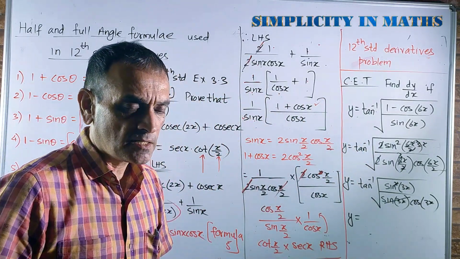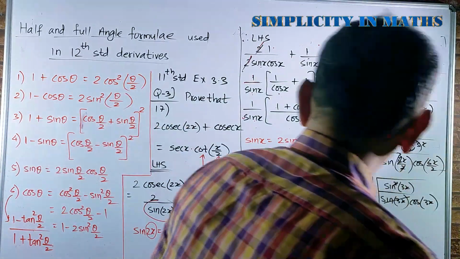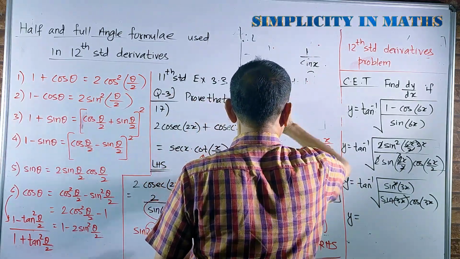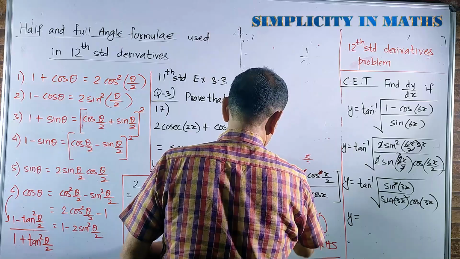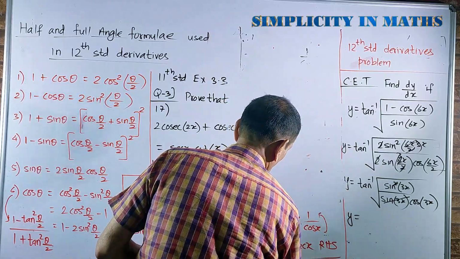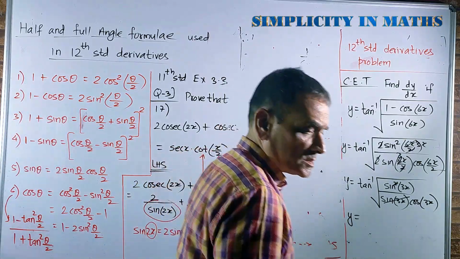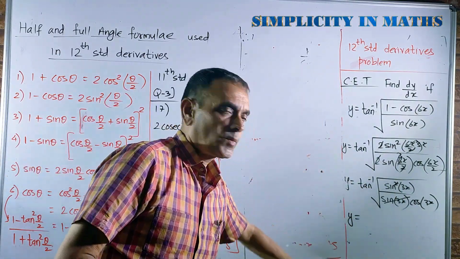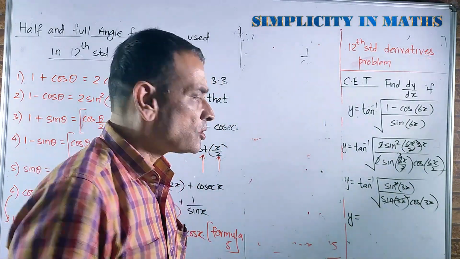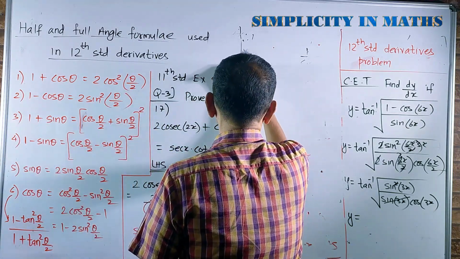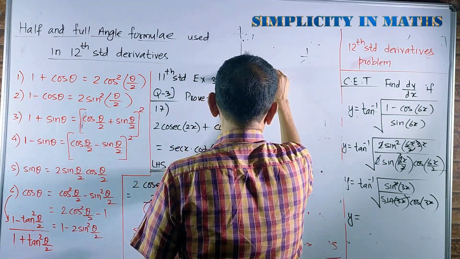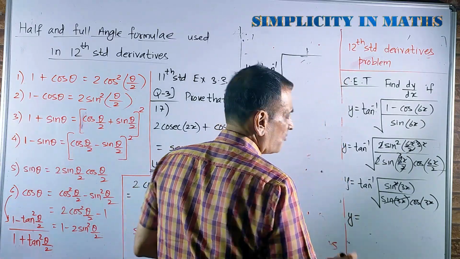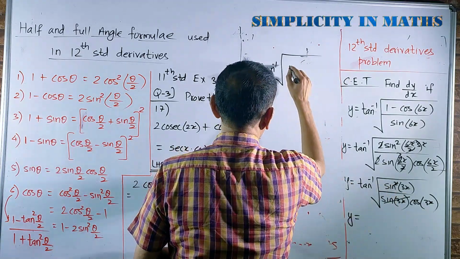Write down what remains. Since you have done some derivatives, you will be able to get this also. What remains? Sin 3x upon cos 3x.